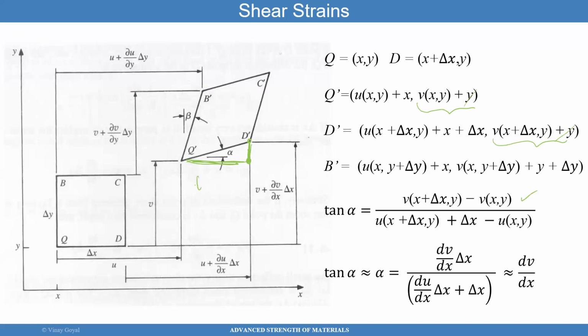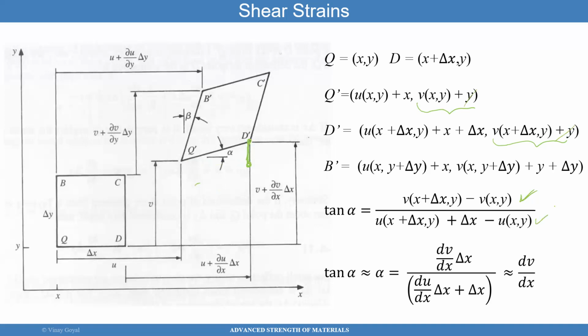Because the tangent of alpha is the opposite divided by the adjacent, that height is this minus that, which is what you see in the numerator.